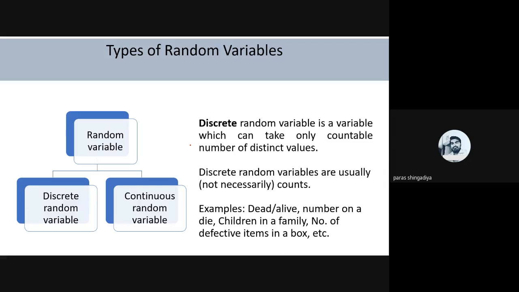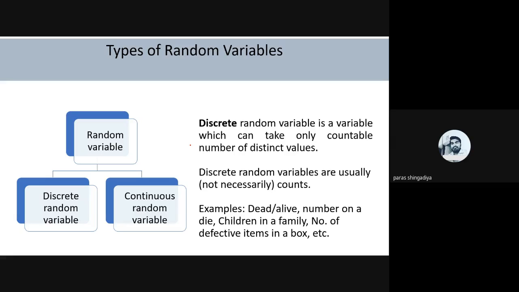A discrete random variable is a variable which takes only a countable number of distinct values, okay, so what does it mean, there are some examples given, okay, dead and alive persons, okay, there are some persons dead, so the number of dead as well as number alive, okay, that is also countable, clear, so that is called a discrete random variable example, clear.